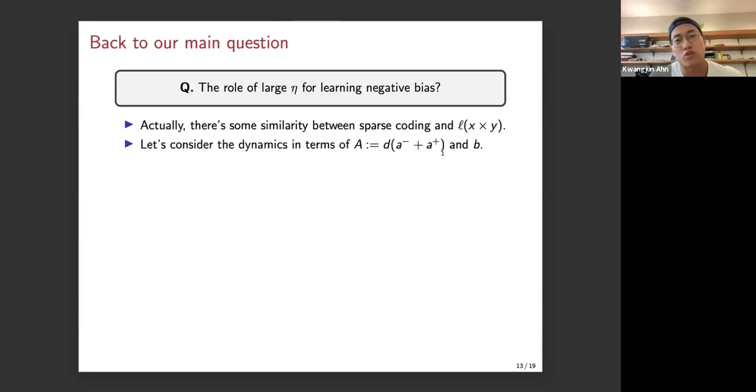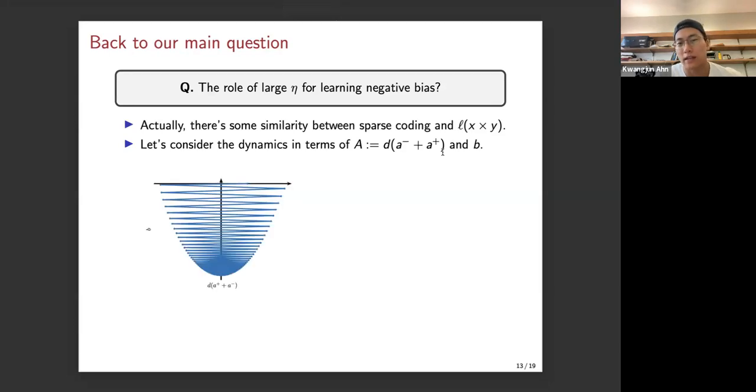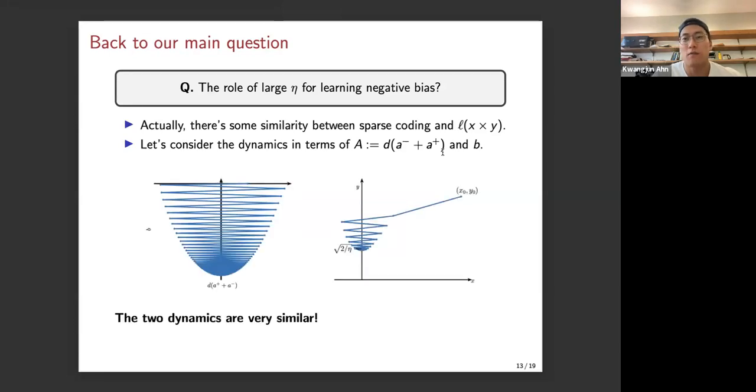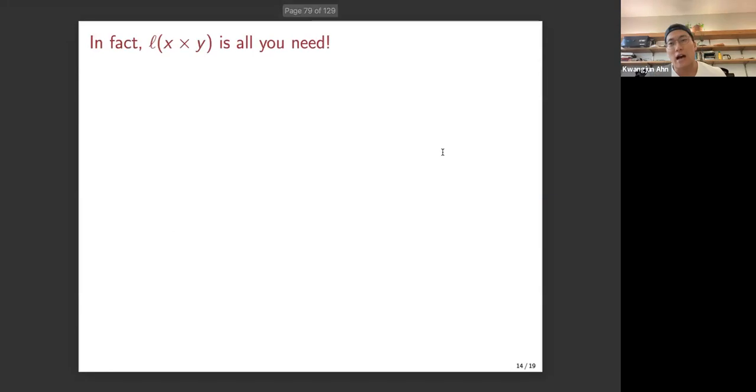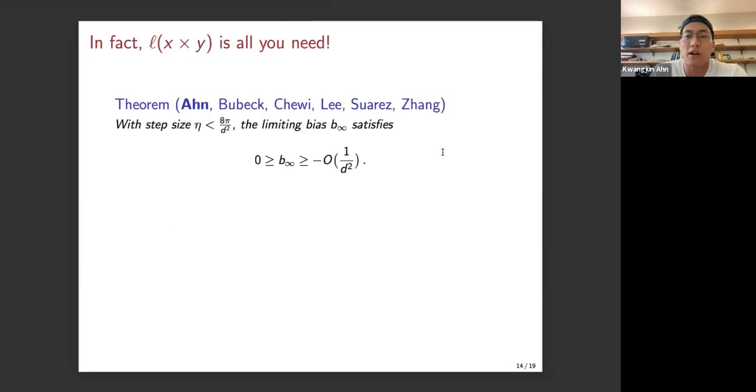When you plot the dynamics of A minus plus A plus against the bias value, that dynamics looks like this, which is very much reminiscent of the L of XY dynamics we just saw earlier. So again, L of XY is all you need to understand. And here's a theorem. The proof technique is built upon our proof technique for the L of XY, and it shows exactly the value that I showed you earlier.